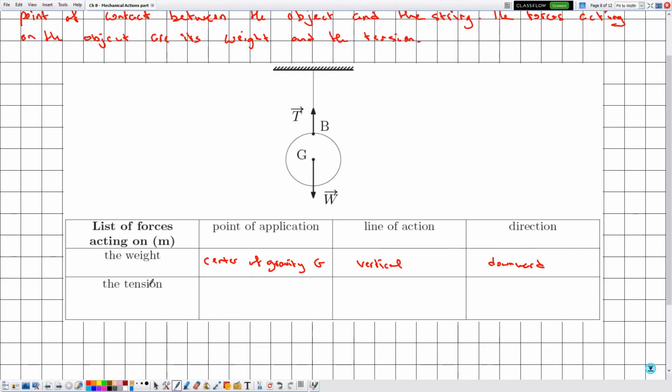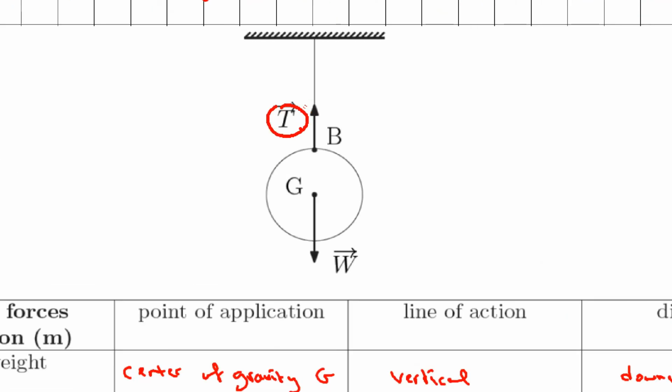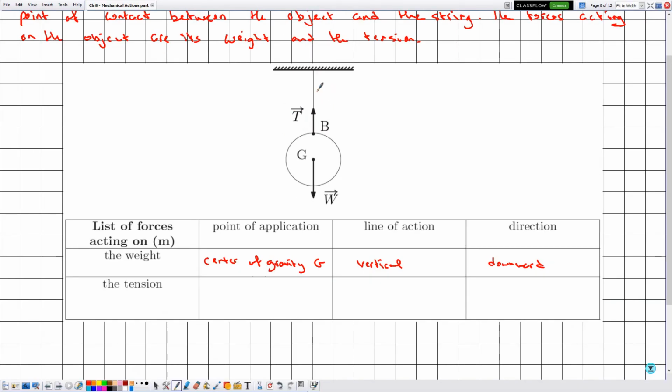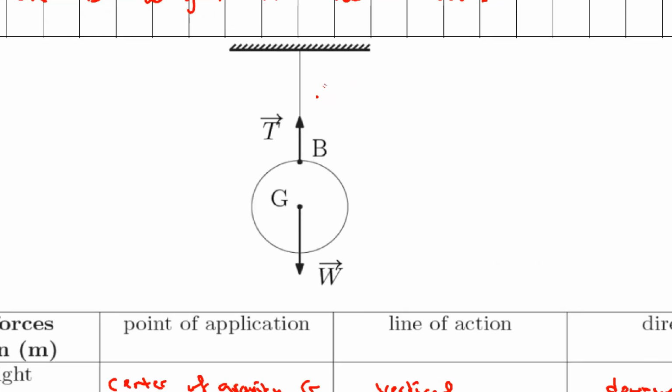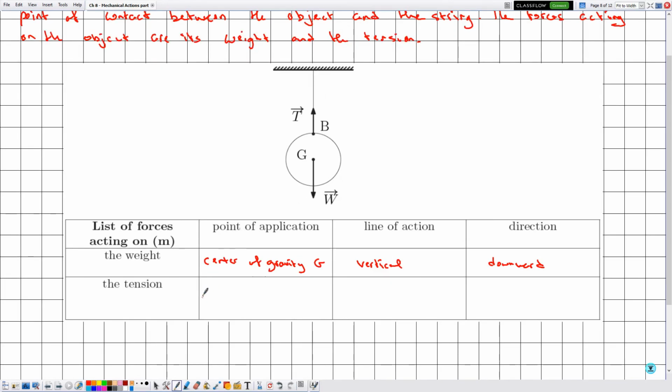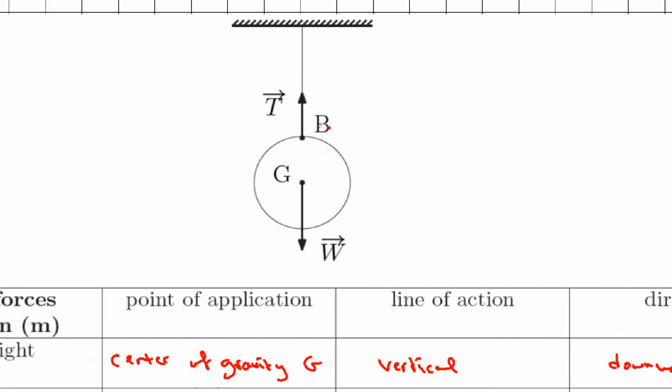Because the tension is not the weight, nor electric, nor magnetic, it's classified as a contact force, so the point of application will be the point of contact between the two bodies that are interacting, given by the string and the solid S. So the point of contact between the object and the string, and here it's extremely important to mention the name of this point, which is B.